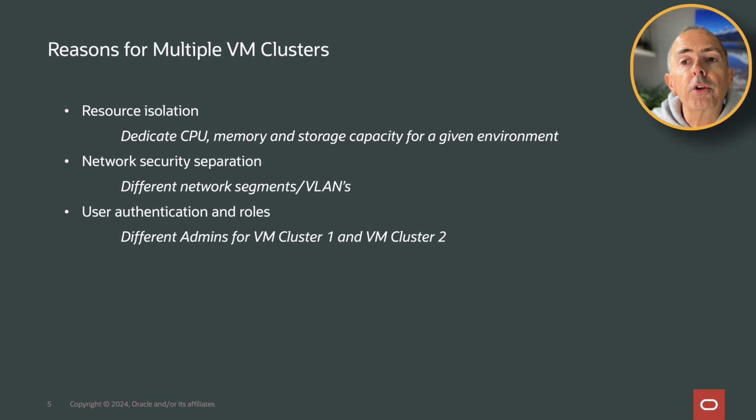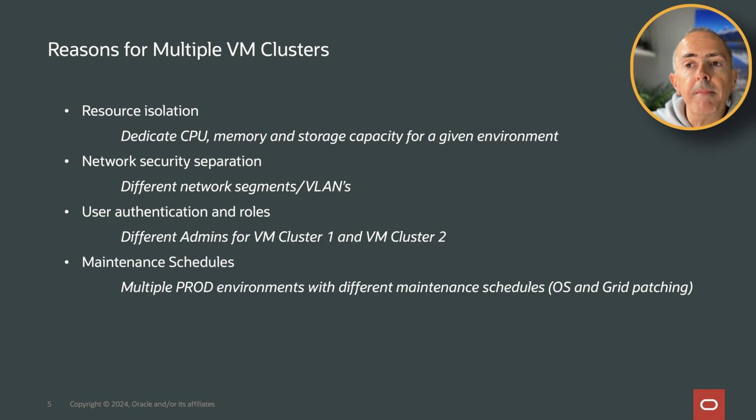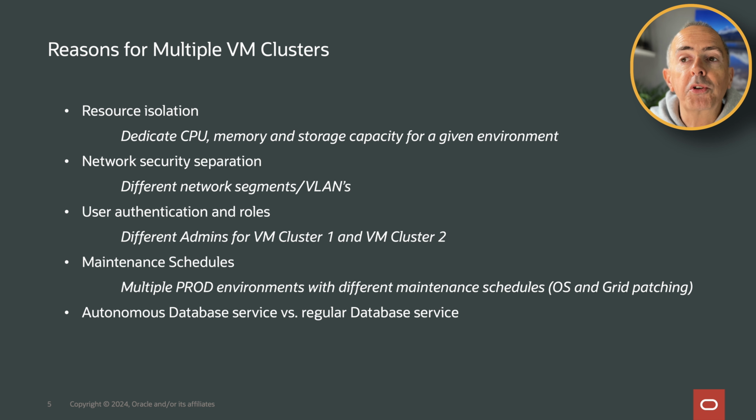Similarly, you can have different administrators for each VM cluster, giving you the ability to have different business units that are separate and isolated and are run and managed by separate teams. You might have workloads that require maintenance schedules to happen at different times, and the use of multiple VM clusters allows this. And finally, you may want to run autonomous database as well as the regular database service.